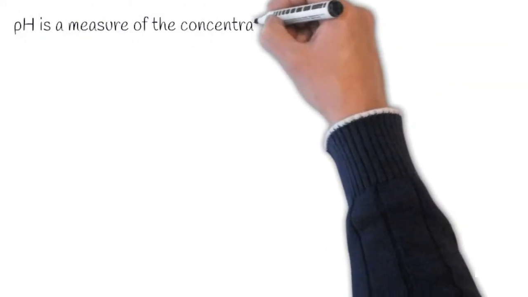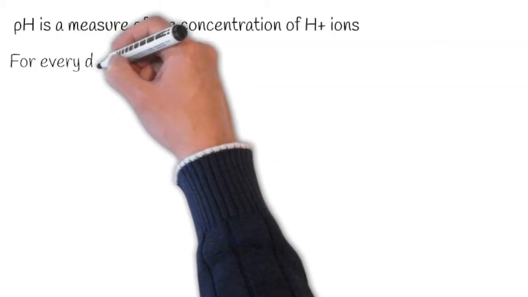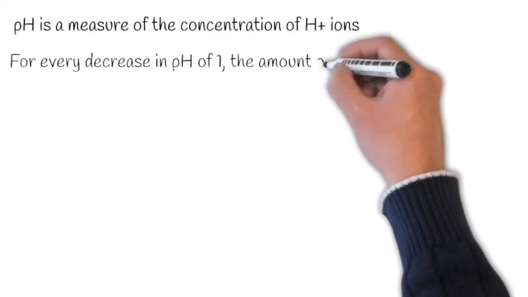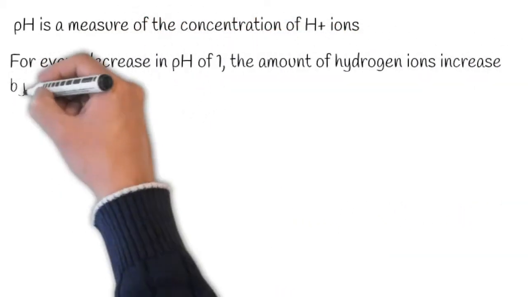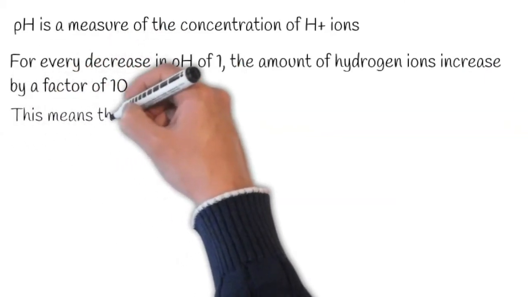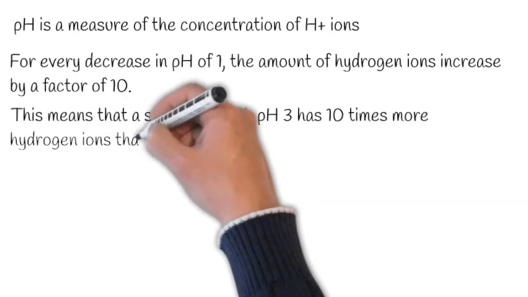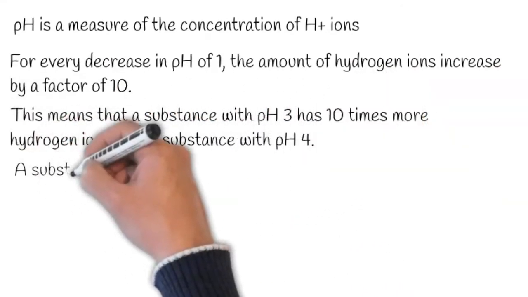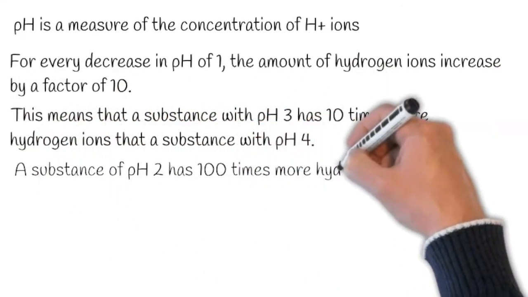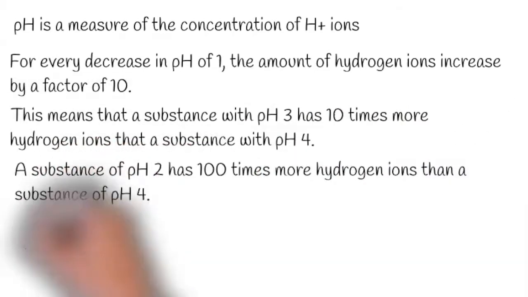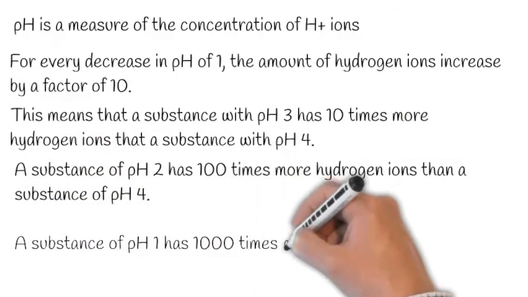pH is a measure of the concentration of H+ ions. For every decrease in pH of 1, the amount of hydrogen ions increases by a factor of 10. This means that a substance with pH 3 has 10 times more hydrogen ions than a substance with pH 4. A substance of pH 2 has 100 times more hydrogen ions than a substance of pH 4.